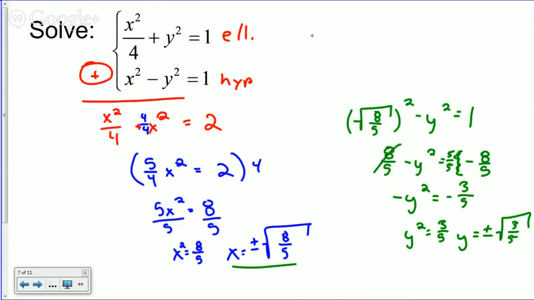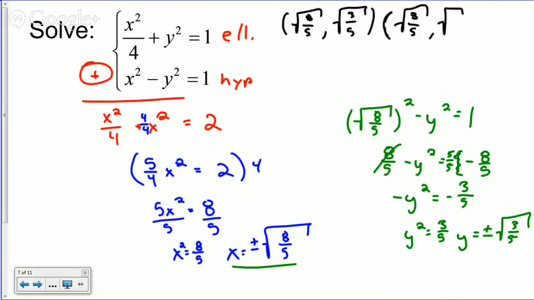Okay, so we'll start my list here. We got square root of 8/5, comma, square root of 3/5. We got the square root of 8/5 again, and the negative square root of 3/5.